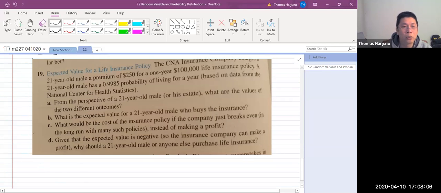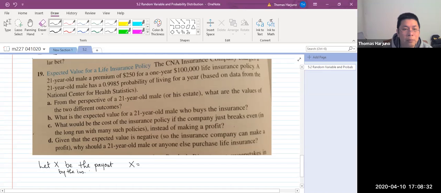Okay, so let X be the payout. Now the payout is either payout by the insurance company. Let me emphasize that, by the insurance company.